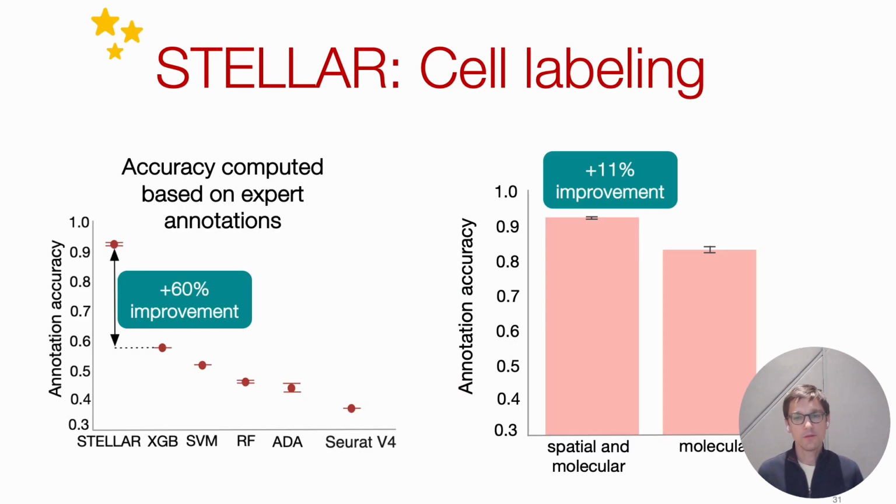When we tested this out, we saw really good improvement in accuracy in assigning cell types, when comparing to expert-based annotations and to prior methods. We also see that the use of spatial information helps us resolve cell types much better than if we just focused on the molecular information alone and did not consider the three-dimensional structure of cells.